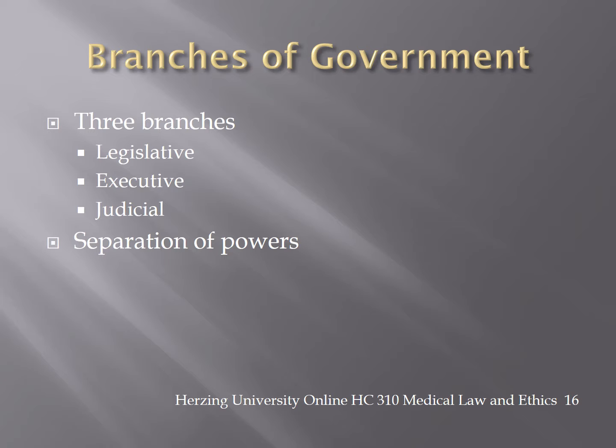The executive branch, which is embodied in the president or governor of a state. And the judicial, which is embodied in the court system, both the federal and the state courts as well as the local courts. The Constitution of the United States provides for the separation of power so that there is a balance in the laws and actions of the nation.